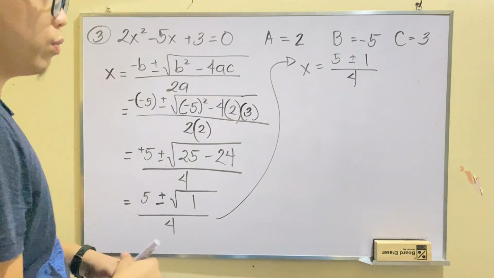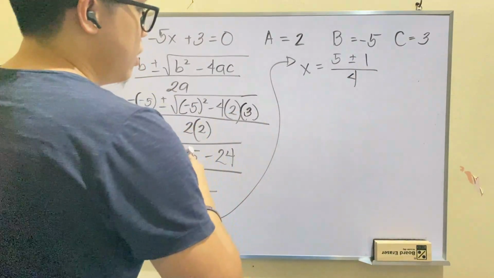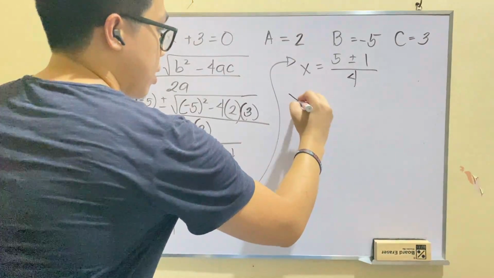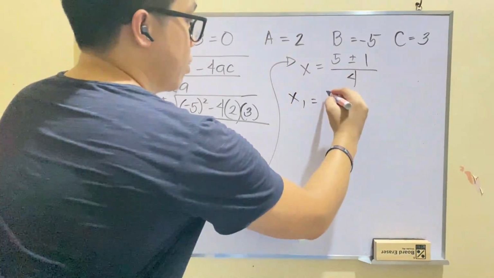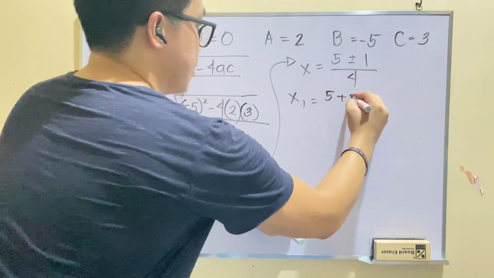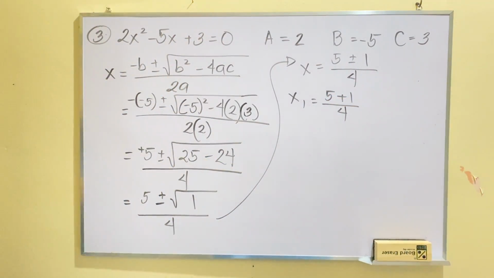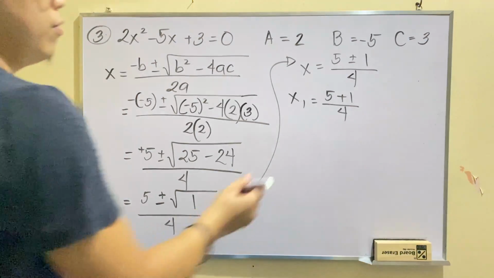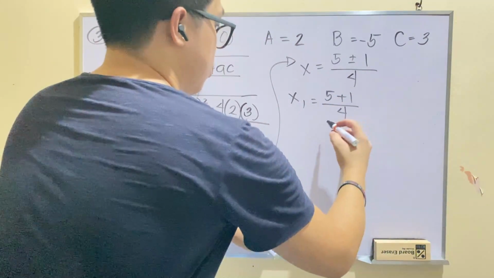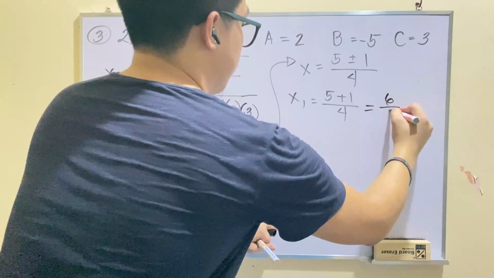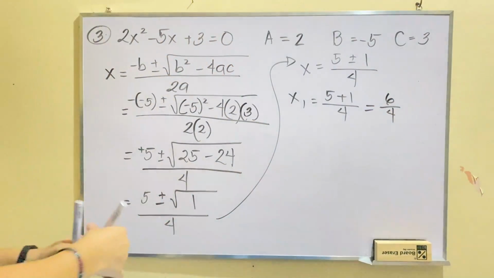So, una nating gagawin, syempre, hanapin natin si x sub 1. So, x sub 1 is equals to 5 plus 1 divided by 4. Ano ang 5 plus 1 divided by 4? So, equal siya sa 6 over 4. So, siya ba ay tapos na?